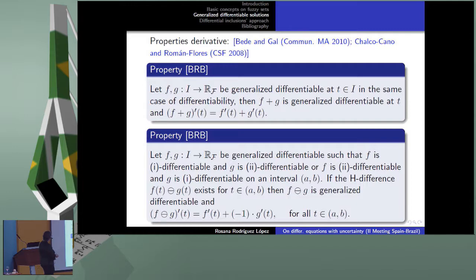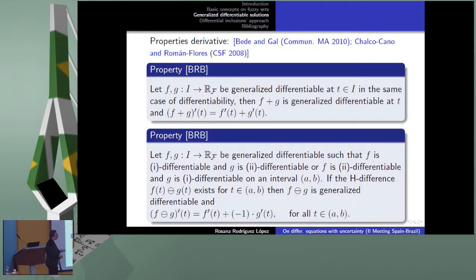And if we change this hypothesis and, for example, try to prove a similar result, assuming that f and g are differentiable under different cases, the expression expected for the derivative of the sum can be really different.